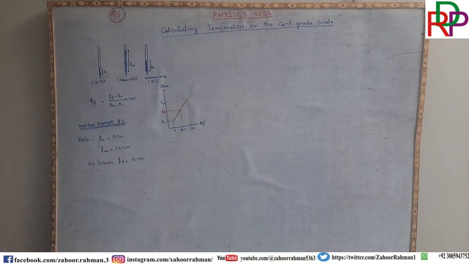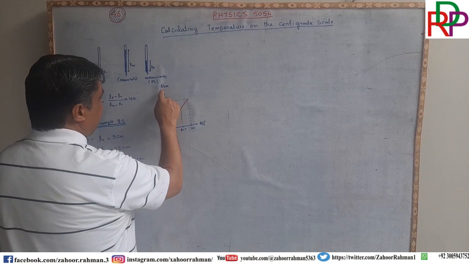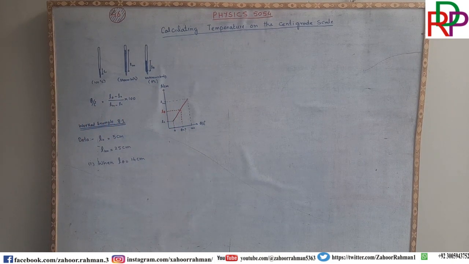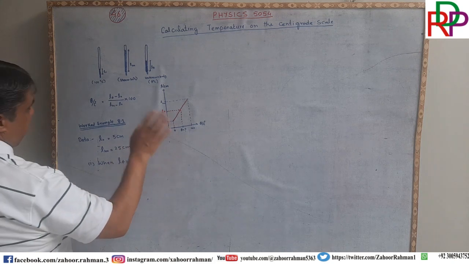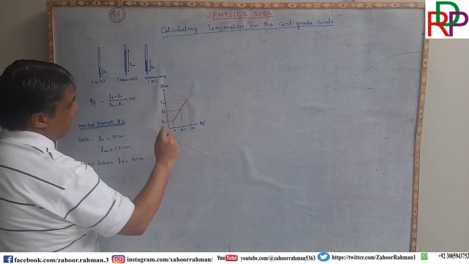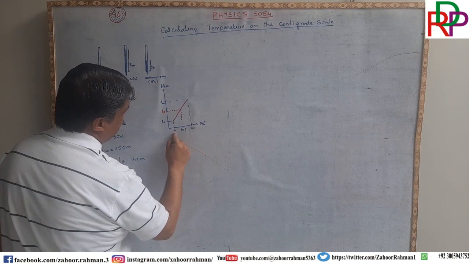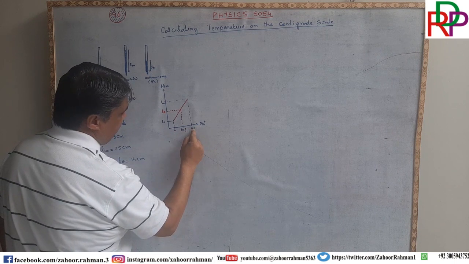We can also find the value of the unknown temperature through a graph, and that is the most effective way of finding the unknown temperature. Ladies and gentlemen, on this x-axis we have 2 points, that is 0 and 100.